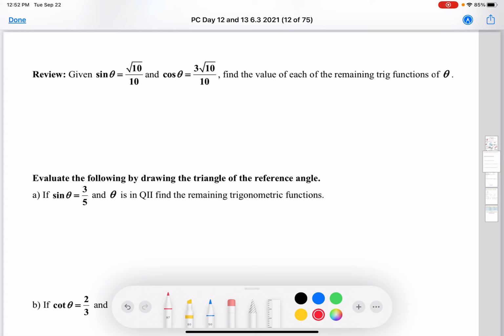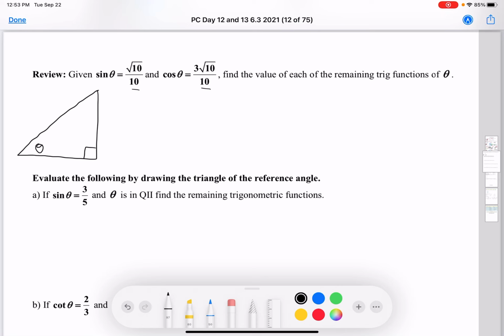Well, remember, you can draw a triangle. Okay, and so if I'm given a triangle, I always like to put my 90-degree angle in my bottom right-hand corner, and I'll just choose this guy to be theta. So I'm drawing a triangle here because I need to figure out, all right, well, where do these values lie, the root 10 over 10, etc. So I know that from my angle here, we have an adjacent side, hypotenuse, and an opposite side.